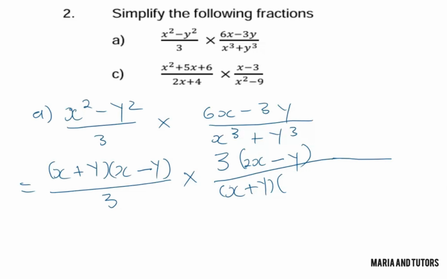In the second bracket, what we're going to do first is take the square of the first base. The first base is x, so we're going to take x and square it. Then we're going to subtract the product that we get when we multiply the two bases. So we're going to multiply x by y, which will give us xy. Don't forget, you always have to write your product in such a way that the variables are arranged alphabetically.